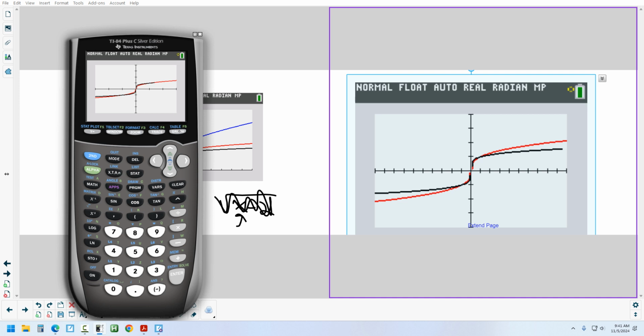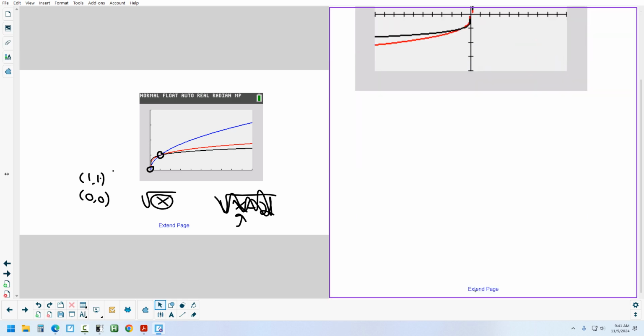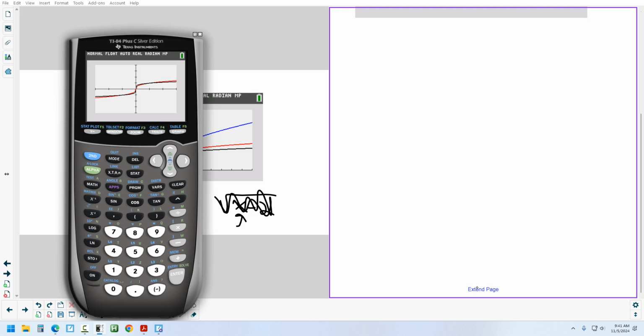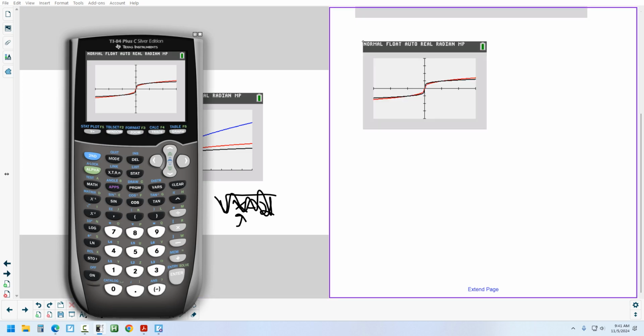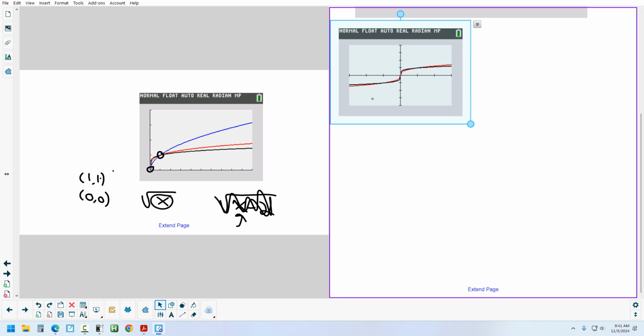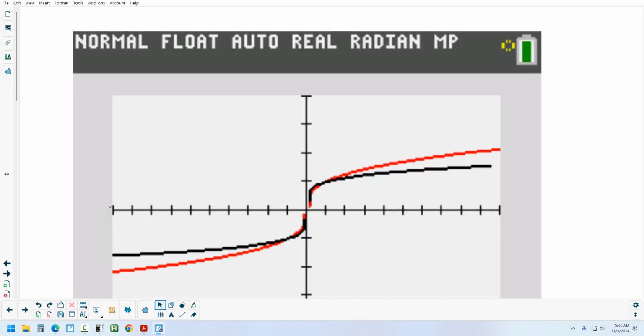Okay, there are 3 points that odd roots all have in common. Anyone think that they see the 3 points? I can make that a little bigger.